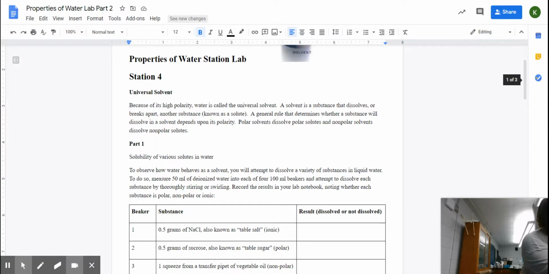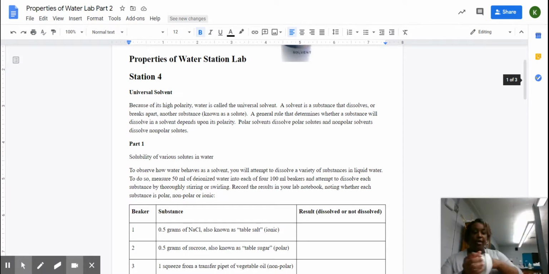Off the camera, I'm just rinsing the beaker out really, really well. And I'm going to go ahead and get a paper towel. I'm back. I have paper towels.